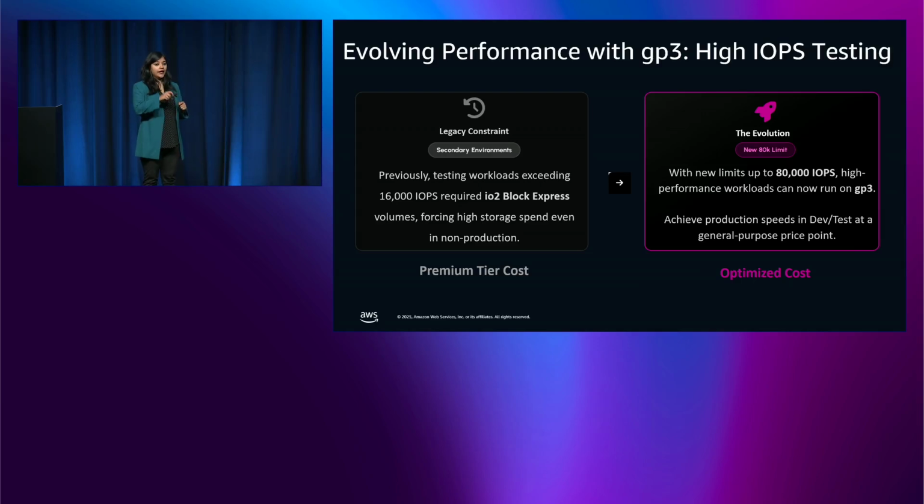In the case of a secondary environment, unless latency and durability is super critical, you can now move from io2 to gp3 and pay much less for your dev testing. That way, you're able to optimize cost and not pay a premium for io2 when you're just experimenting with your use cases. This is one scenario. Within the gp3 spectrum as well, you can do a lot more to strategize how you want to optimize your dev environment.